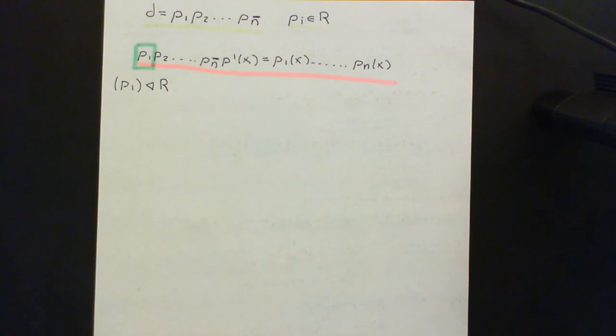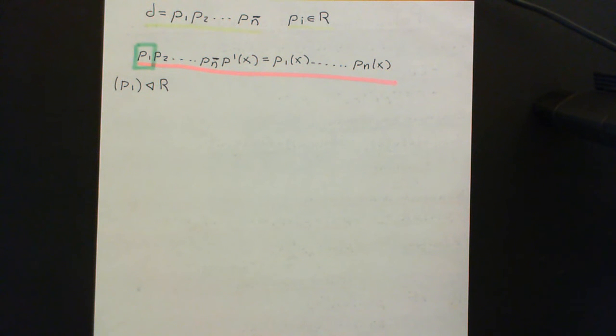Why, you might ask? Well, it's because in a unique factorization domain we know that the definitions of irreducible element and prime element completely overlap. All irreducibles are prime. We know that p1 is irreducible, so it's also prime. The definition of a prime is that when you generate its principal ideal, you end up with a non-zero prime ideal. So this is a non-zero prime ideal.